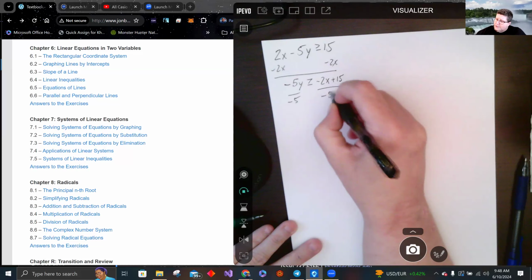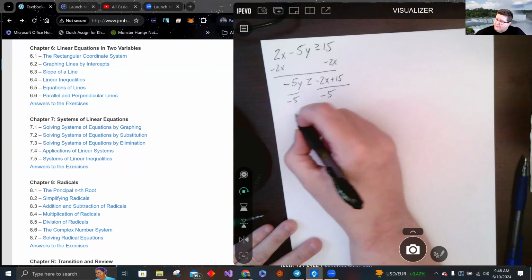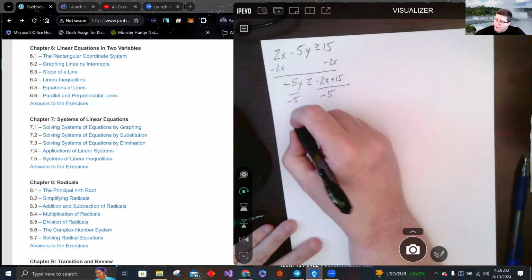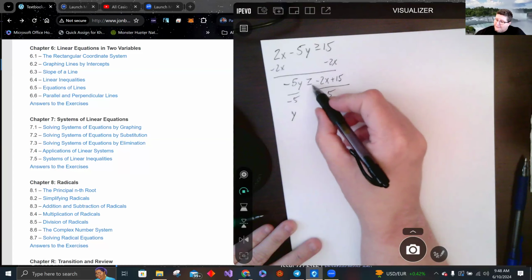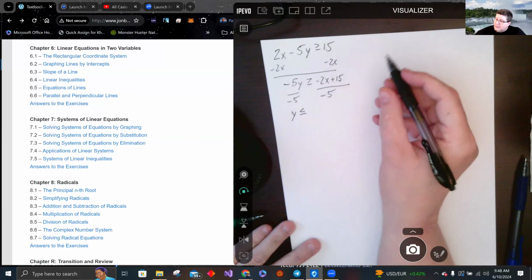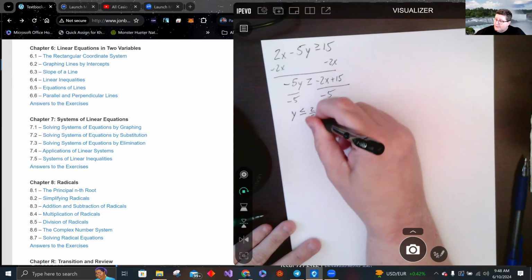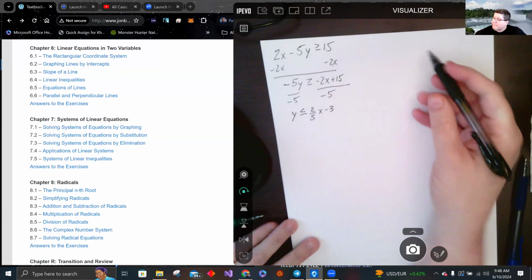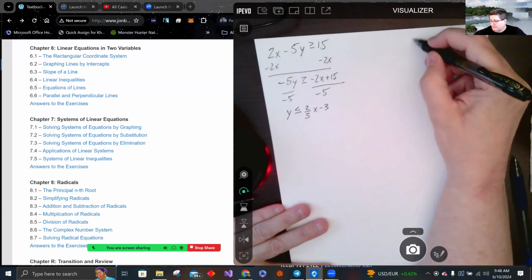So I subtracted the 2x and then I divided by -5. Remember, divide by a negative and you have to flip the inequality symbol. This becomes y is less than or equal to 2/5 x minus 3. Hopefully you didn't forget that.